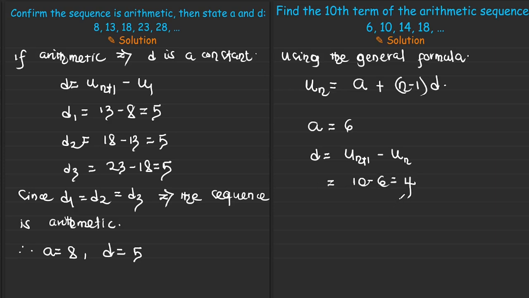So using our 10 minus 6, we are going to get 4. Now you quickly try to confirm whether or not it is the same throughout. So 14 minus 10 would also give us 4. 18 minus 14 would also give us 4. So you end over here.